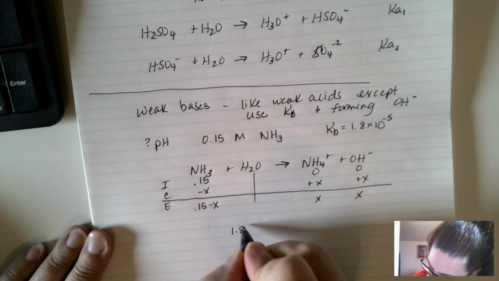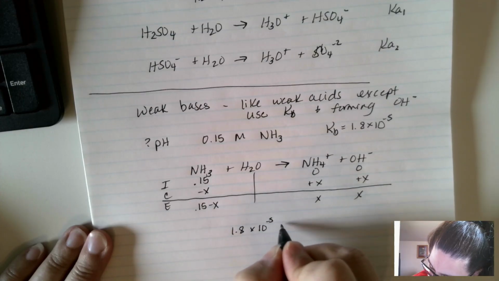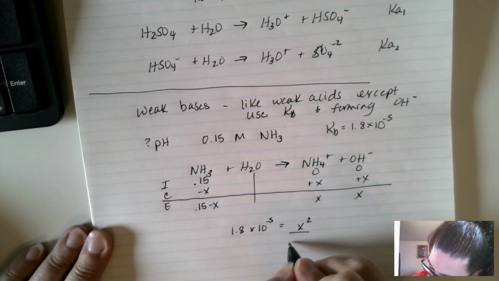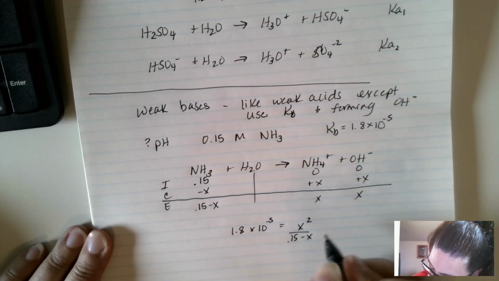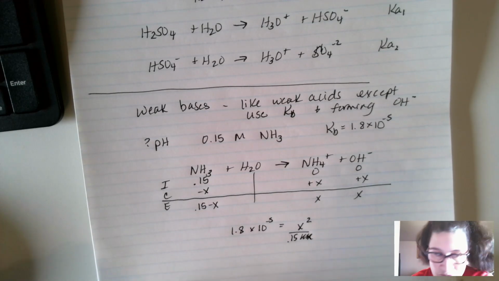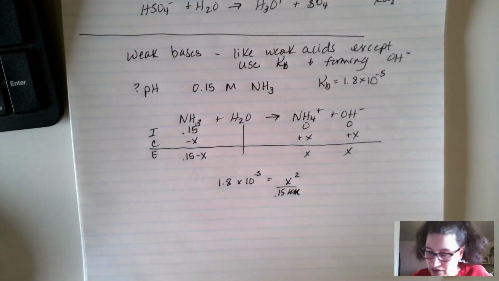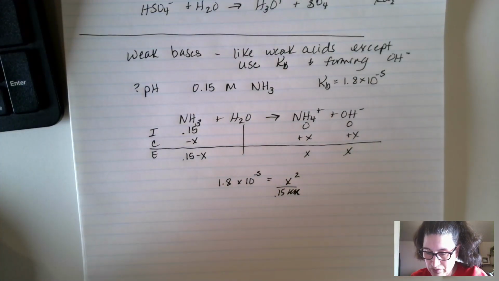So 1.8 times 10 to the negative fifth would be equal to x squared over 0.15 minus x. We are going to assume that x is really, really small. So 1.8 times 10 to the negative fifth times 0.15, square root that.